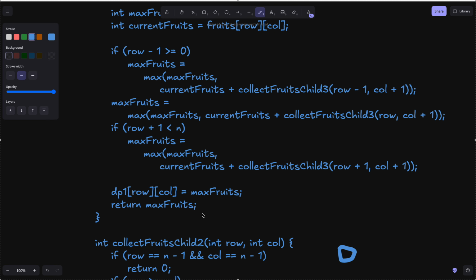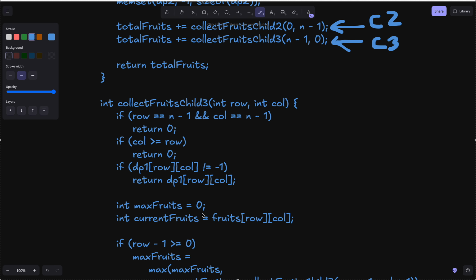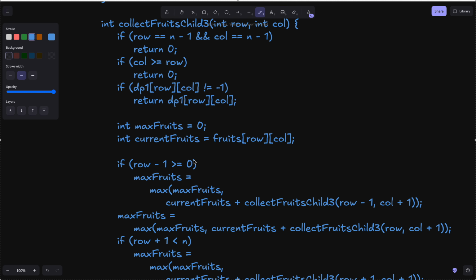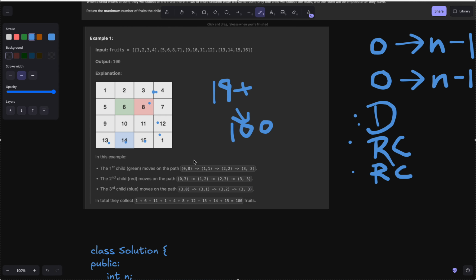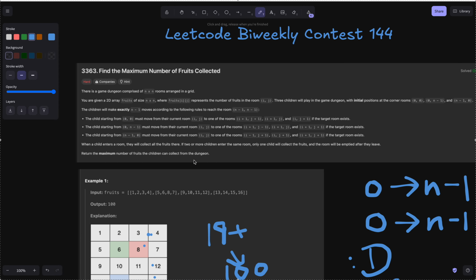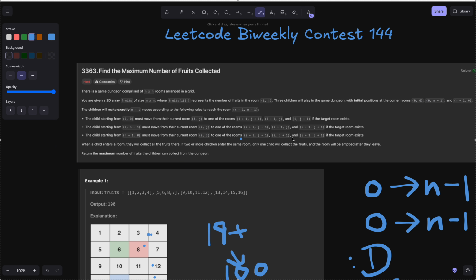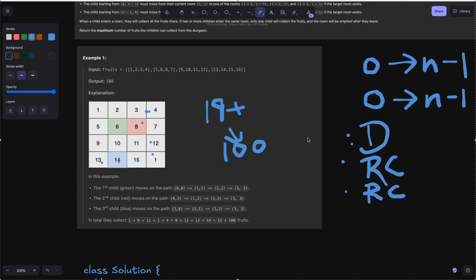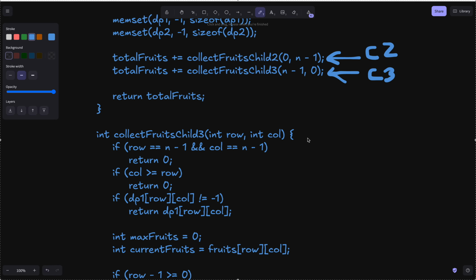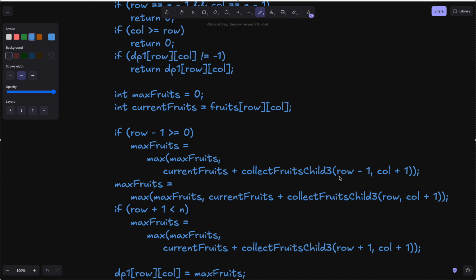After this we go to child 3. In child 3 the same procedure is followed, only, as you see, child 3 asks for i minus 1, j plus 1, i, j plus 1, and i plus 1, j plus 1. So the same conditions are written here.